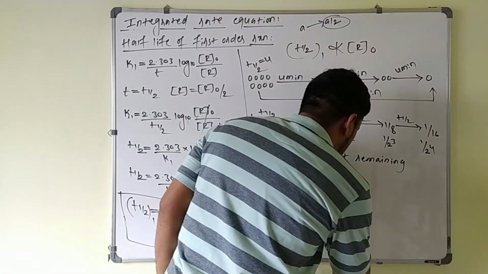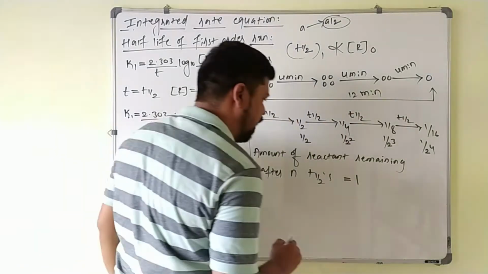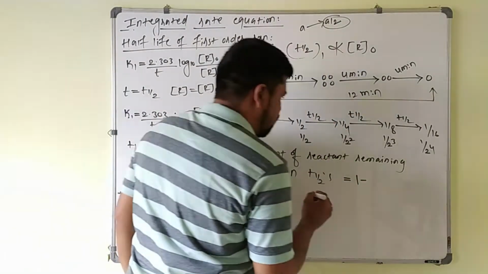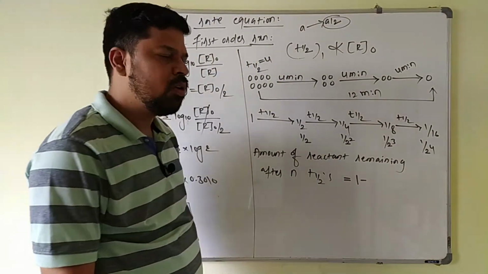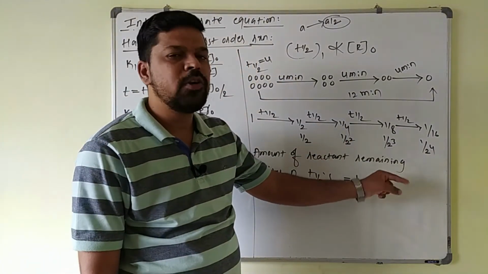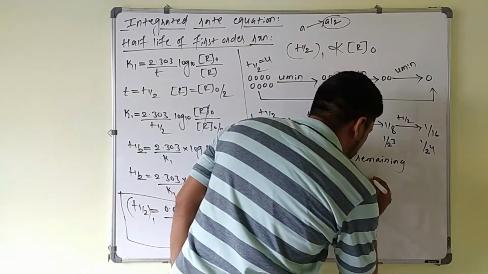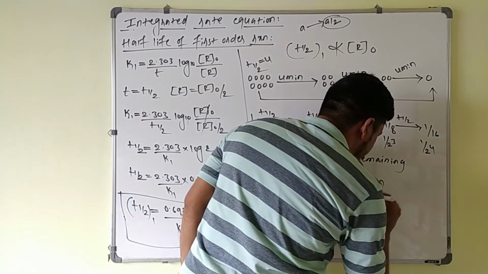That will be equal to, initially 1, then 1 by 2 square, 2 cube, 2 raised to 4, like that. It is 1 by 2 power n, that is 1 divided by 2 power n.